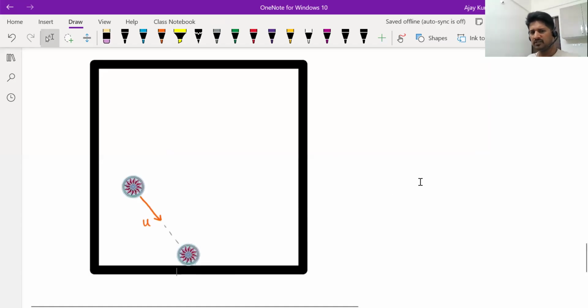What will happen the moment the striker comes into contact with the frame? But what does the frame do to the striker when it comes into contact with it?